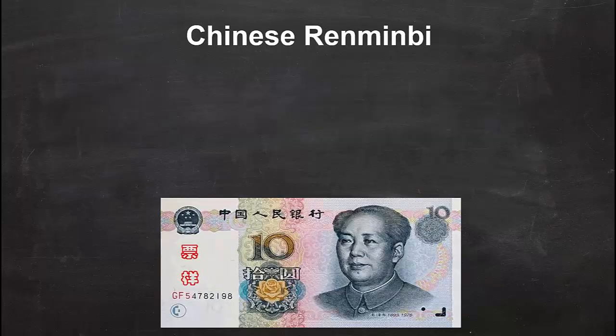And the last currency I want to talk about is the Chinese renminbi. The Chinese renminbi, or RMB, is currently the fifth largest reserve currency in the world and the second most utilized currency in the world. 30% of Chinese trade is settled in RMB. China has made international trade agreements called direct swap agreements to use non-US dollar transactions in international trade.